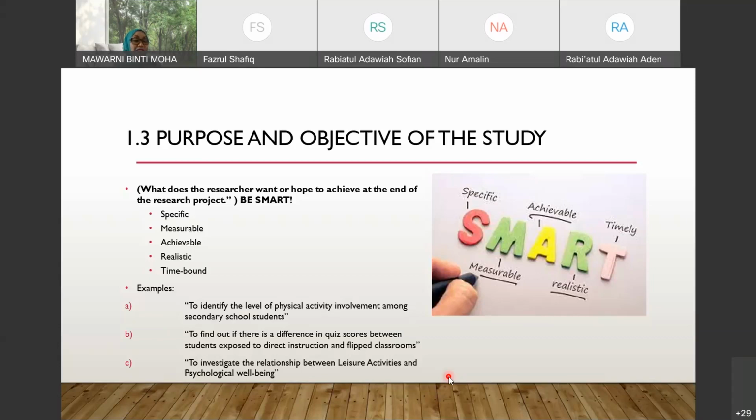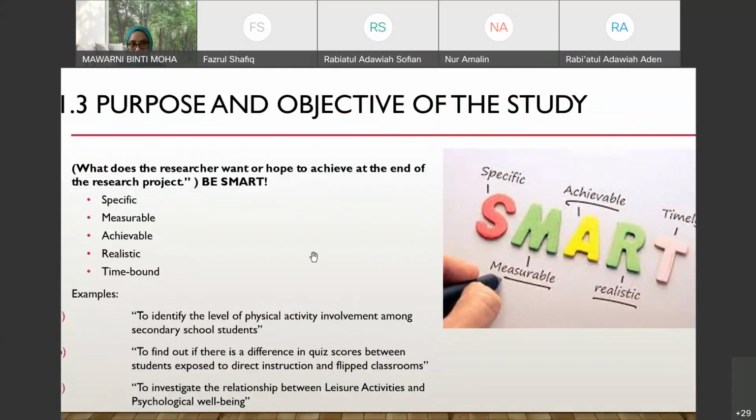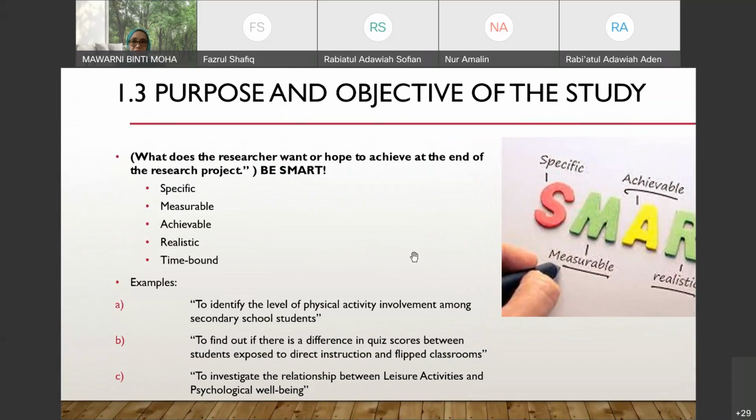Okay, done with your statement of problem. So you know how to write your statement of problem. Now this is very, very important. Why do you do it? Because there is a purpose for your research. Therefore, the purpose or the aims and the objectives of the study are the heart of your research, because the objectives are the ones that later give you the road towards the methodology, the instruments used to achieve the objective, to find the answers.